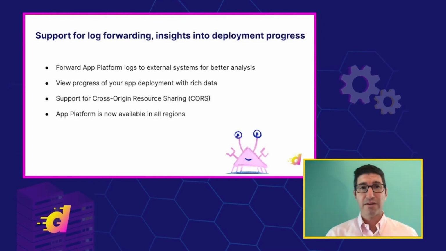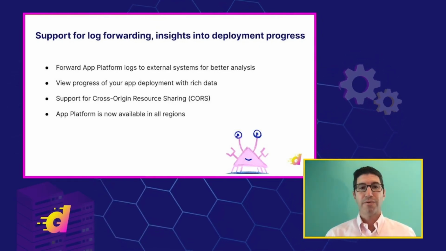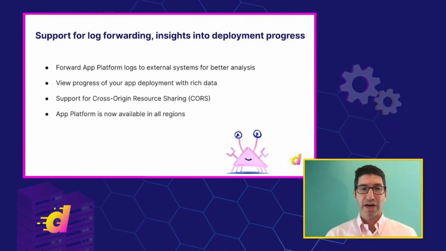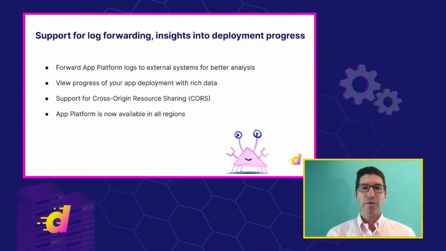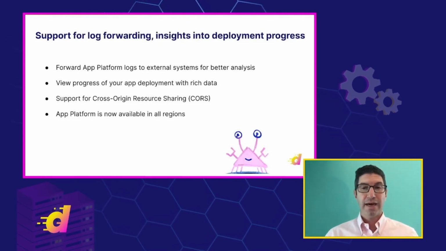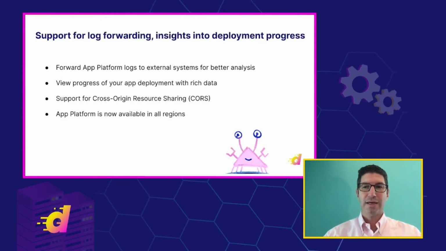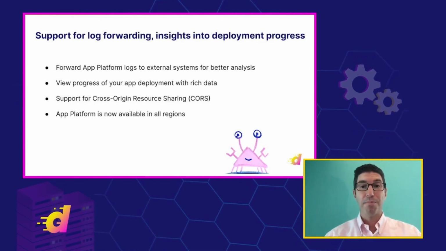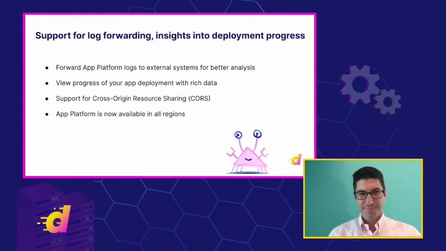You can view the progress of application deployment with rich data. We've added in support for cross-origin resource sharing, and app platform is now available in all regions. So we really elevated app platform to be able to give you the breadth of capability that you need in the data centers that you need in order to build out your application, your startup, your business, and your projects.